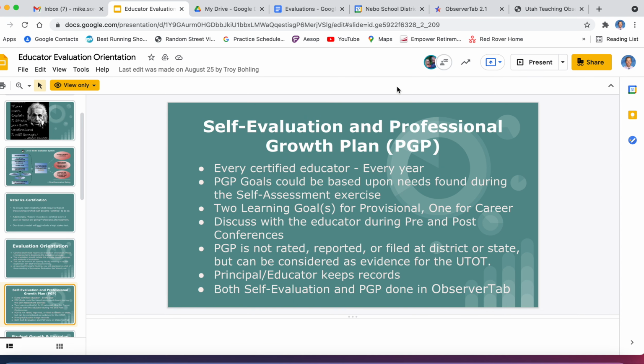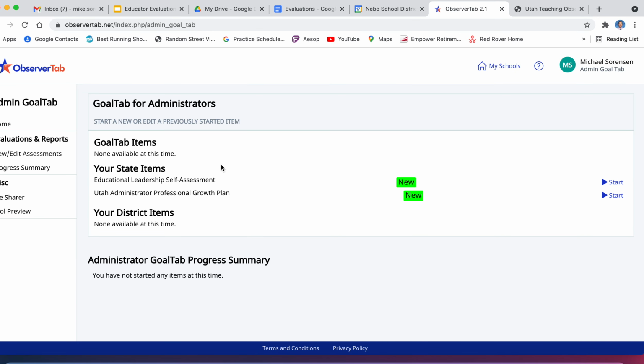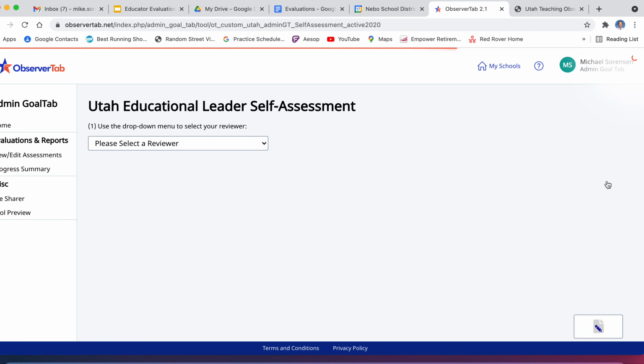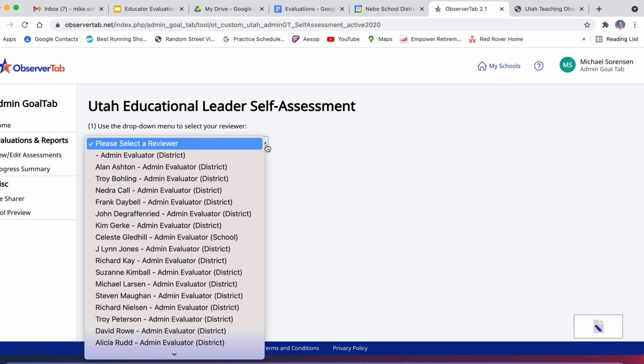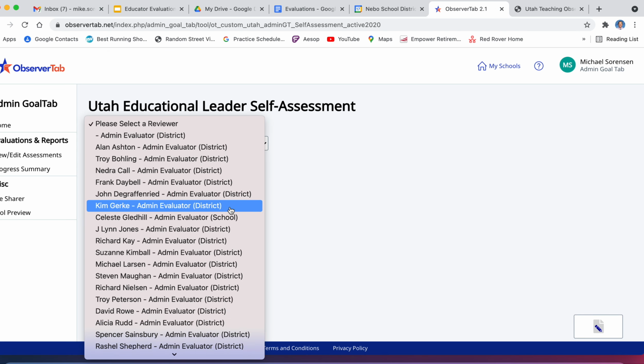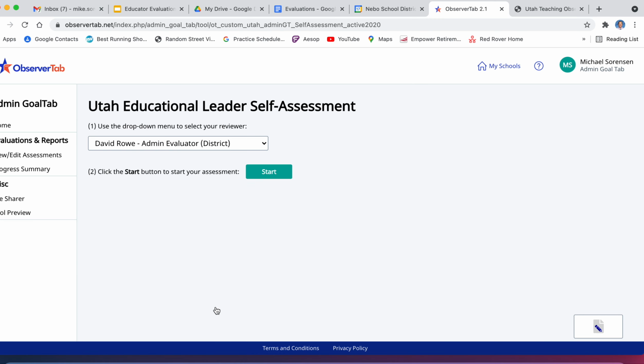Now, I'm just going to show you. This is what it looks like. This is my Observer tab. You have one for you as a teacher. And when you log in, you can go here. It says Educational Leadership Self-Assessment, my PGP. I start that, and my observer is Dave Rowe.